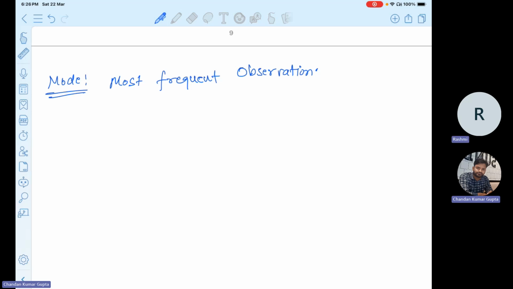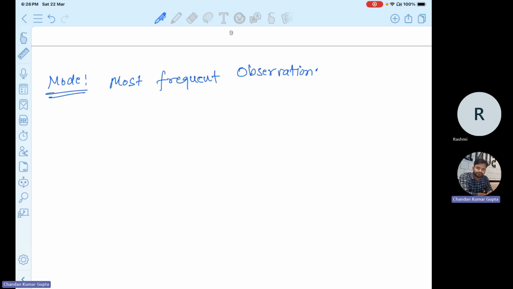Yeah. Thank you. Okay, then mode is the most frequent observation, that observation which occurred the most times in the data set. That is the mode. This definition fits when we are dealing with discrete data.